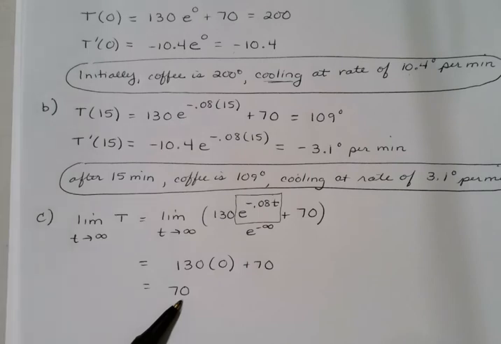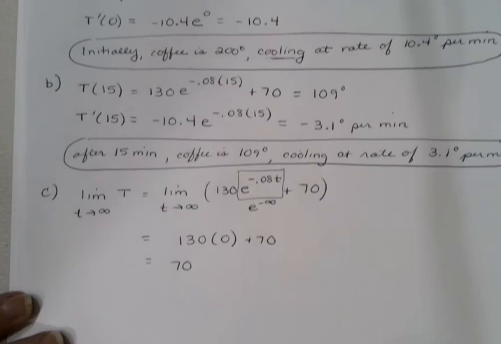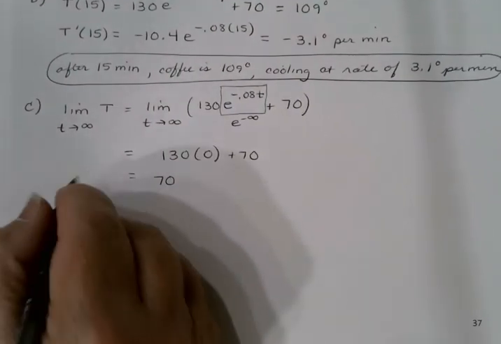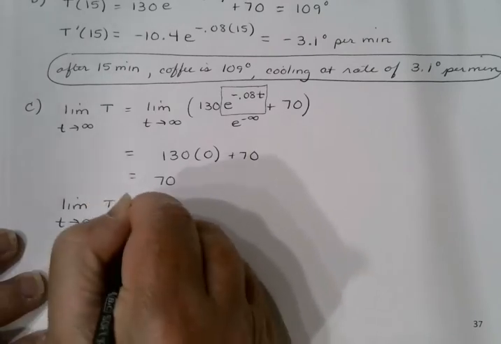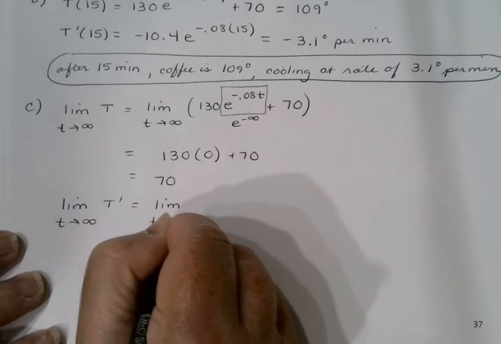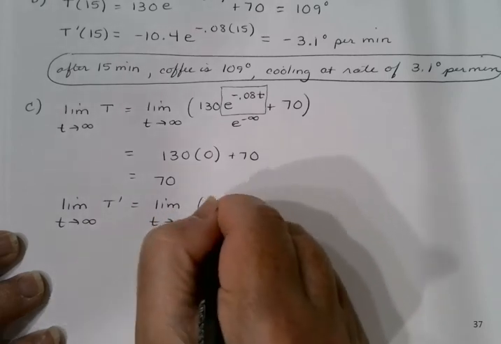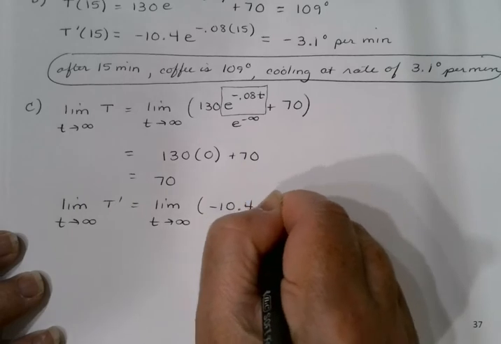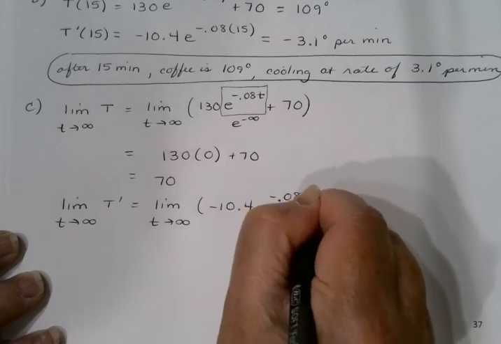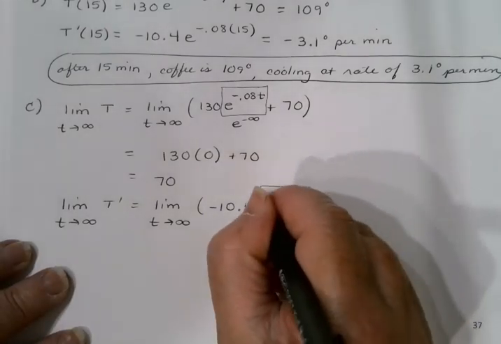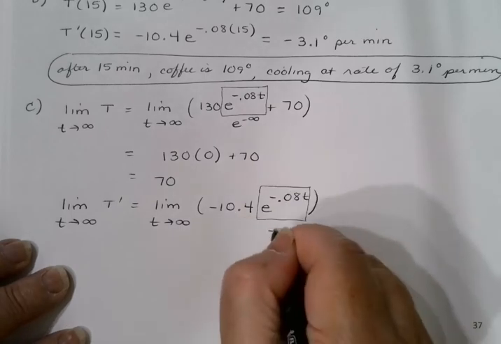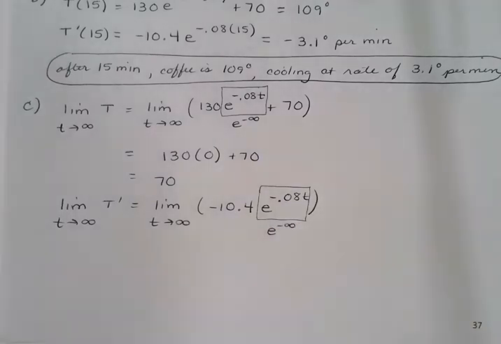In other words, it's basically going to decrease in temperature till it hits about room temperature, and then it's going to stay there. Let's do the limit of the derivative, and then we'll write it all as one sentence. So the limit as t goes to infinity of T prime would be the limit as t goes to infinity of negative 10.4 e to the negative 0.08 t. And once again, this part right here, when I put infinity in, that's like e to the negative infinity. So that goes to 0 again.